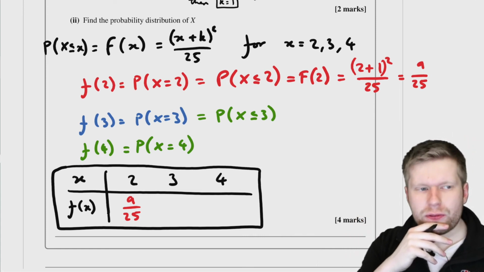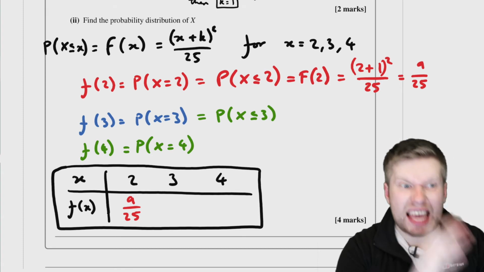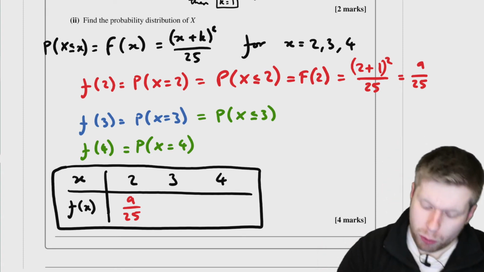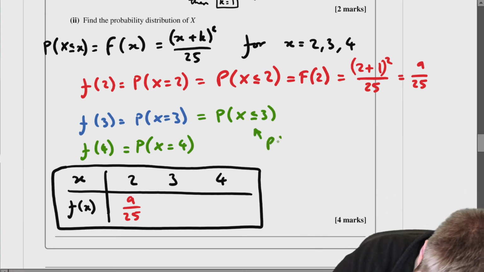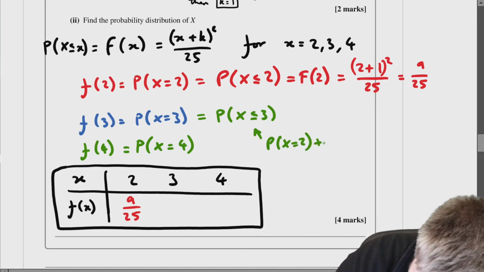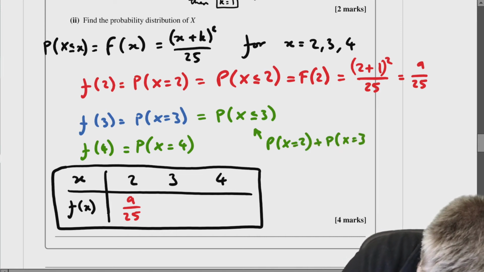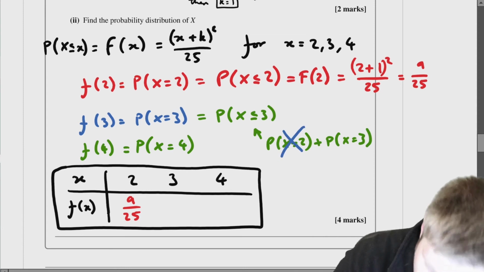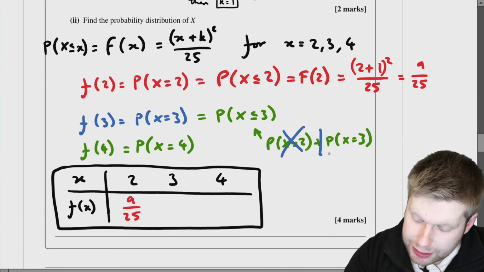Given the fact that I know that the probability that x is less than or equal to 3 is the probability that x equals 2 plus the probability that x equals 3, I don't want this first probability, I just want the probability that x is equal to 3.